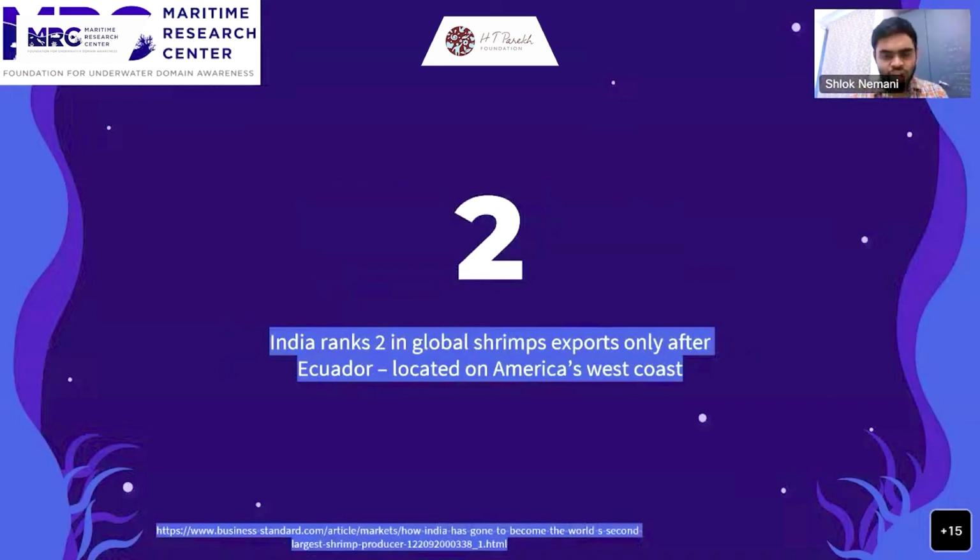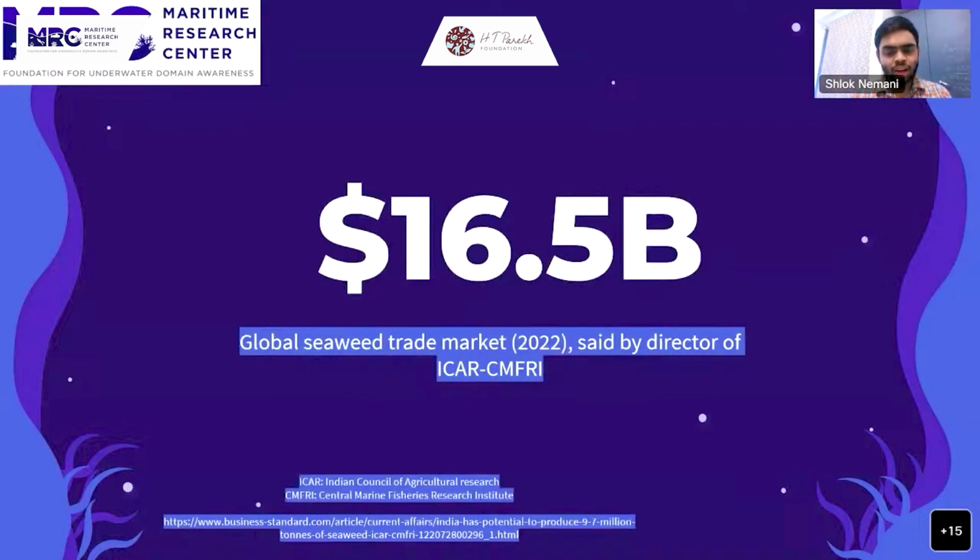India ranks second in global shrimp exports, only after Ecuador, which is located on America's west coast. As said by the directors of ICAR and CMFRI, two institutes involved in research related to aquaculture and agriculture, the global seaweed trade market was valued at around 16.5 billion US dollars. This is a great opportunity to get farmers into aquaculture to improve their lives, because there is huge potential based on the geographical location of India and the available land in the coastal region.